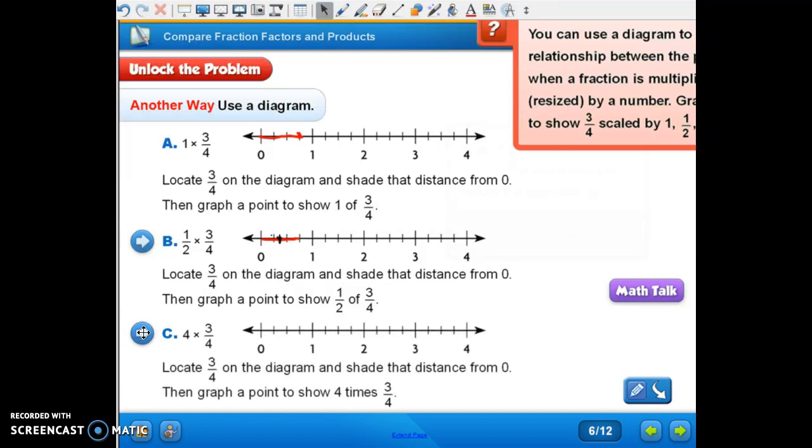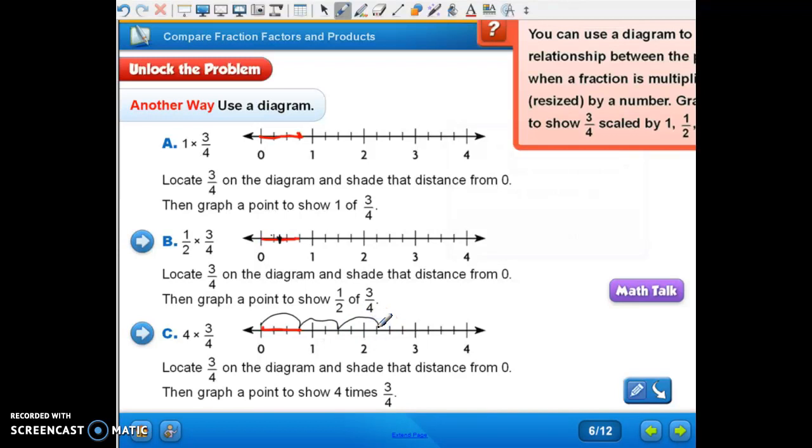Four times 3/4. Locate 3/4 on the diagram and shade the distance from 0. Then graph a point to show 4 times 3/4. So here is 1 times 3/4. 1, 2, 3/4.